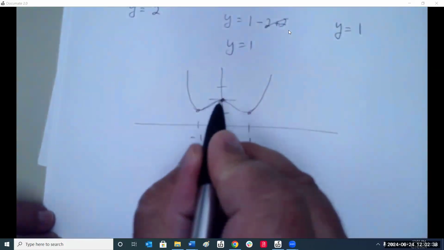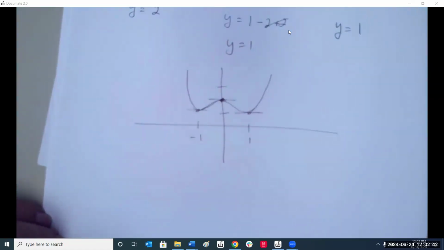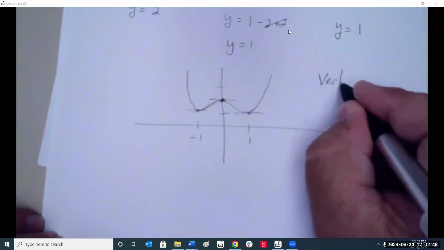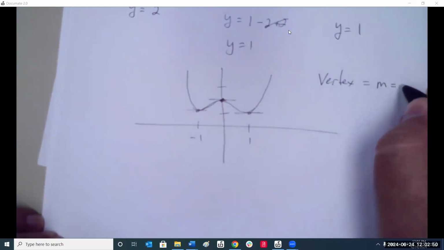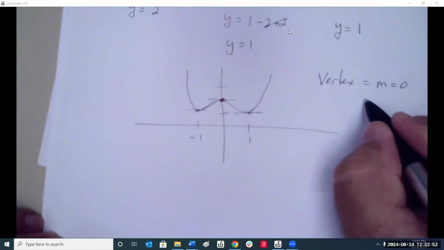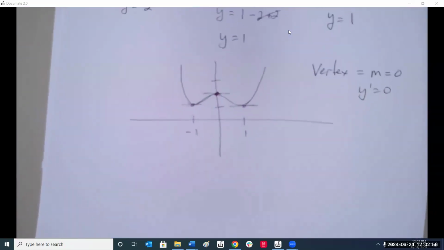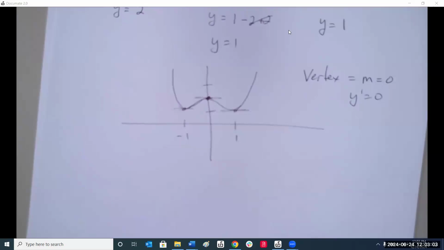What we've just labored to produce are the vertices. Each vertex has a slope of 0. You guys were right, but it wasn't what I was looking for.